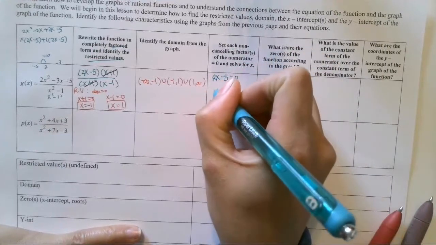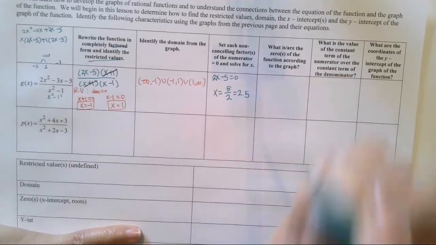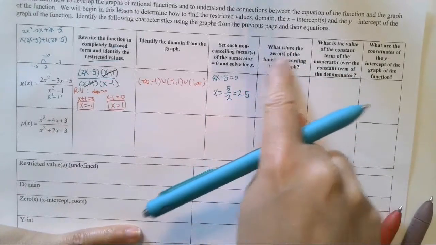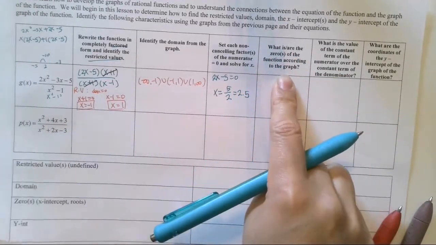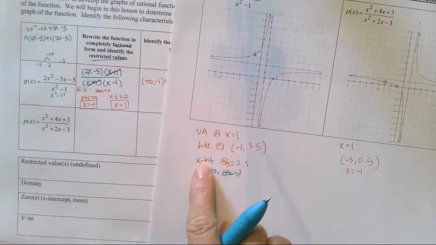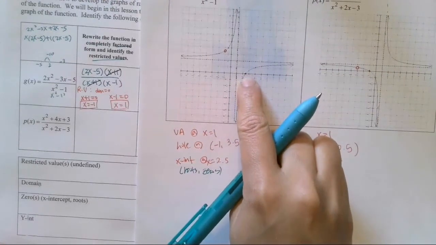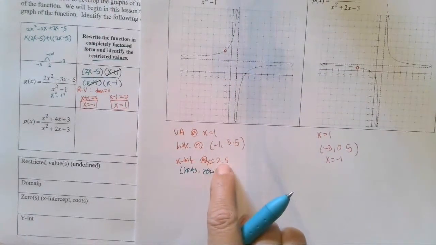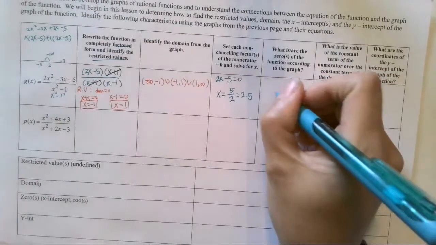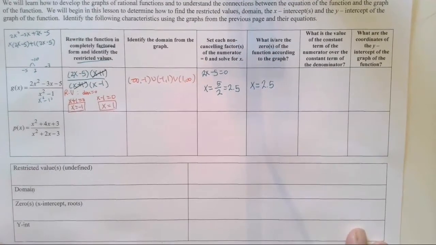Solving it, I get x is equal to 5/2, which is 2.5. What is the zero of the function according to the graph? Where was the x-intercept? 2.5. You see the pattern there?